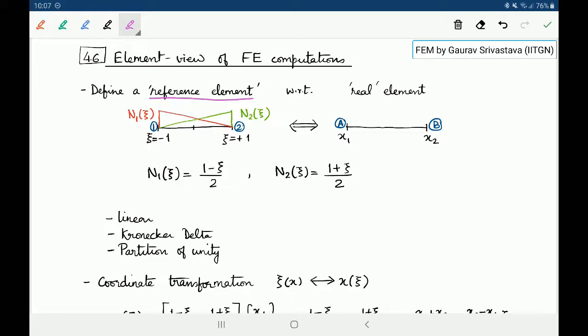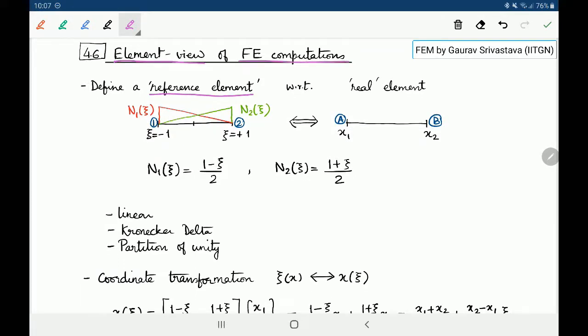Okay, so let us look at this a little closely. This we are calling the element view of the finite element computations. So our objective is that we will define a reference element with respect to the real element. If we pick any real element, let's say omega e, which is between nodes A and B and lying between coordinates x1 and x2, and these are real coordinates.